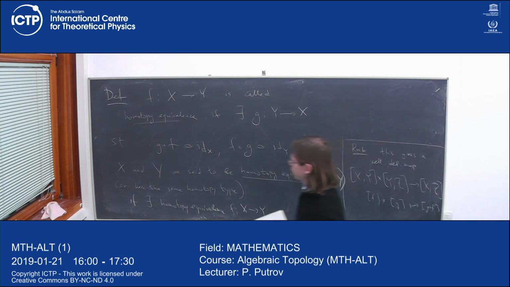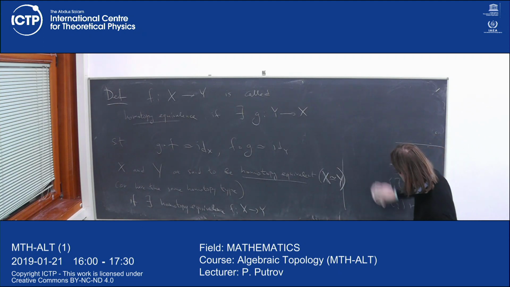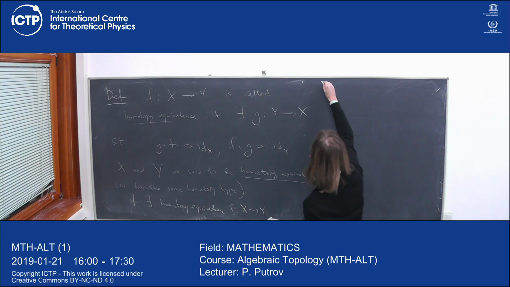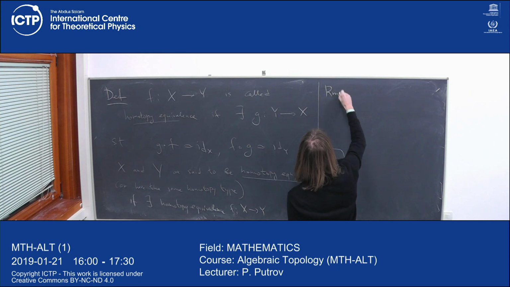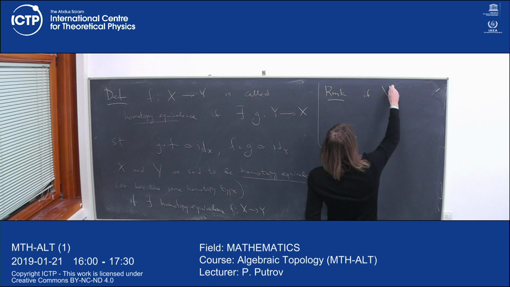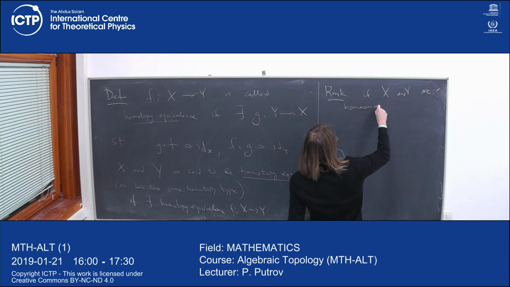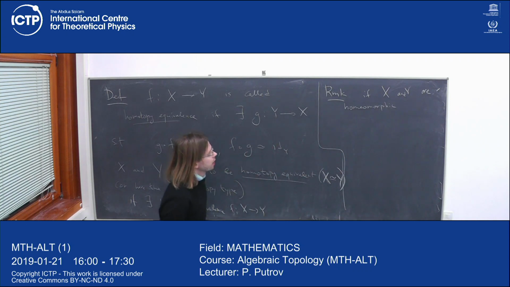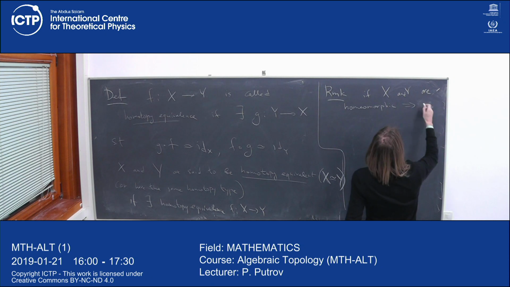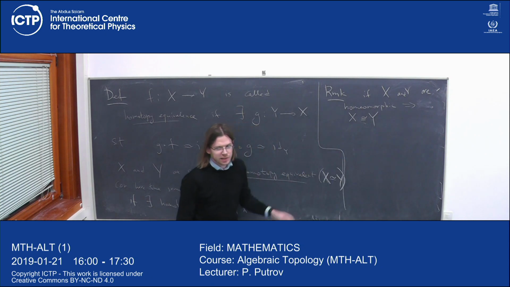So let me make the following remark. This is not even a proposition: if X and Y are homeomorphic topological spaces, then they are automatically homotopy equivalent. For homeomorphism, I'm not sure what notation you used in topology lectures, but I'm going to use this kind of equality with the tilde.